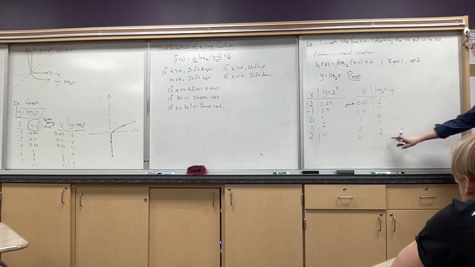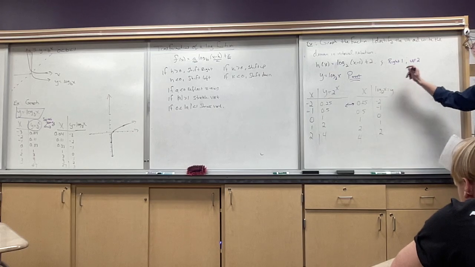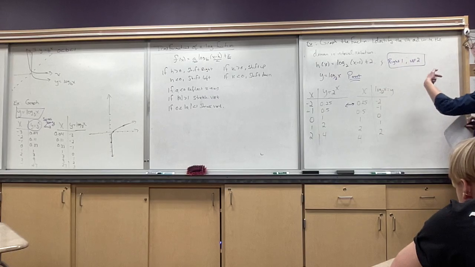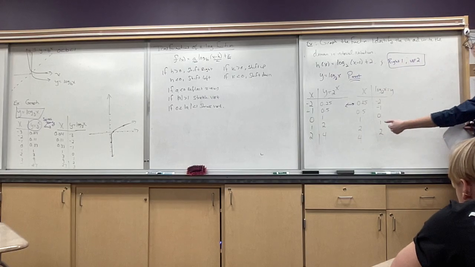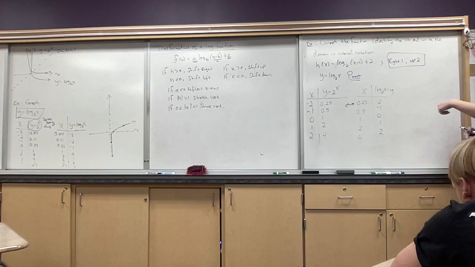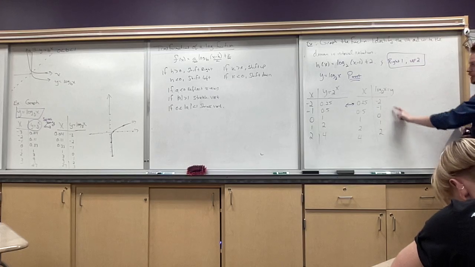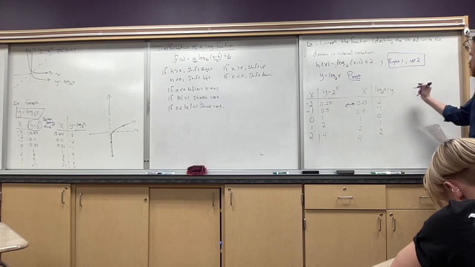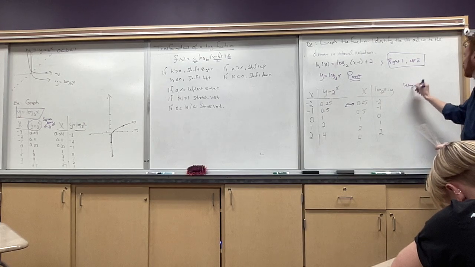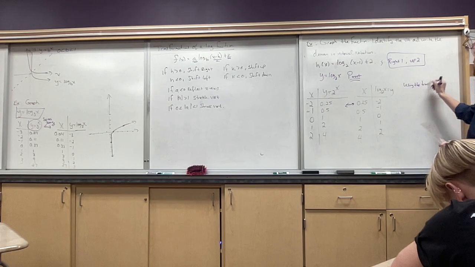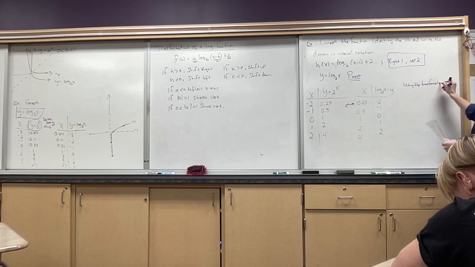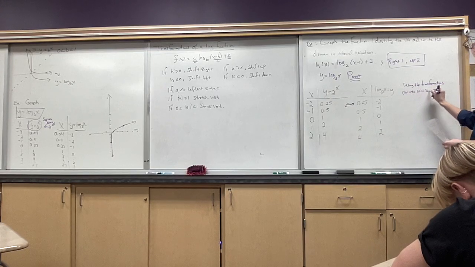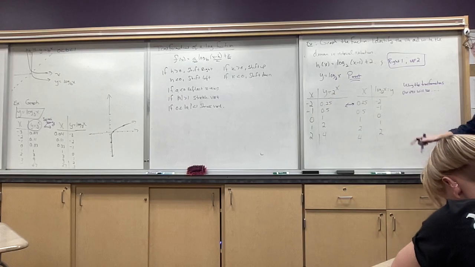Now that I have this table, I don't want to graph those yet because we have these transformations to consider, okay? So if I'm going to go right 1, that means all my x values, I'm going to add 1 to it. Does that make sense? And then here, if I'm going to go up 2, I'm going to take my y values and add 2 to each one. So using the transformations, our points will be, let me rewrite those points now.